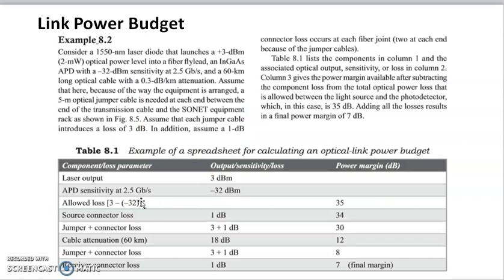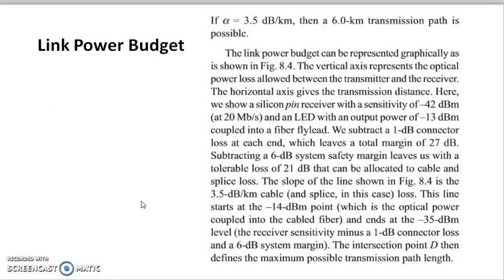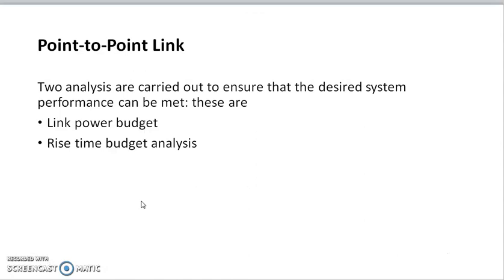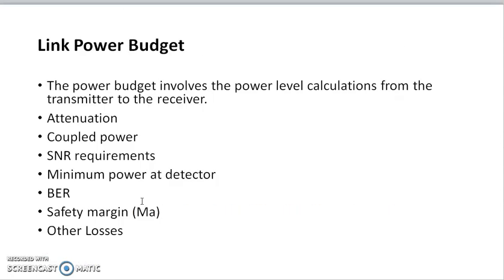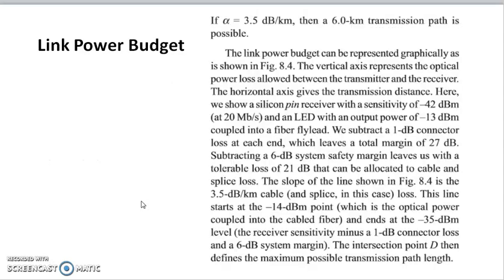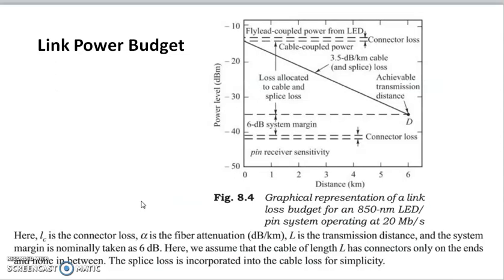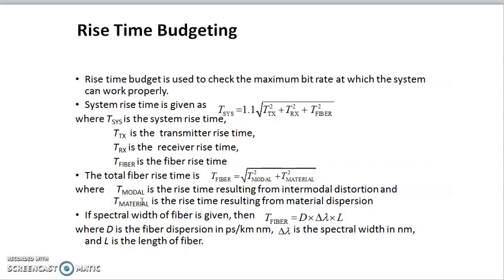So we consider here the link power budget in terms of power, and there are two types of budgets we have. We consider link power budget and rise time budget analysis for the system power consideration. So that is the link power budget, and the next is the rise time budget.